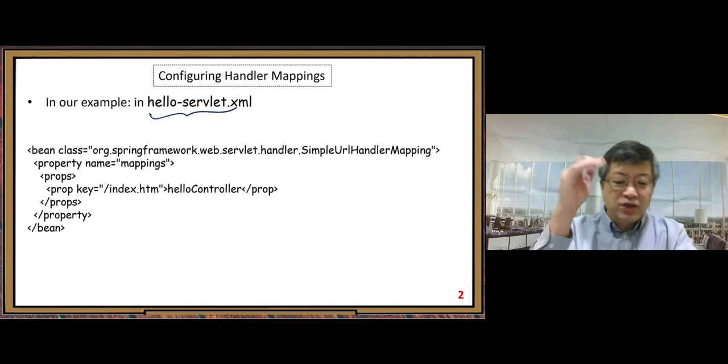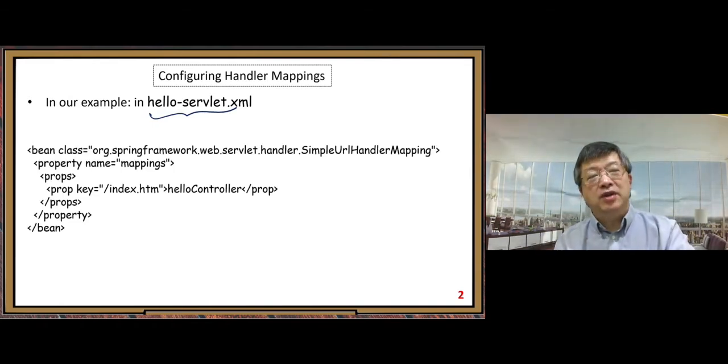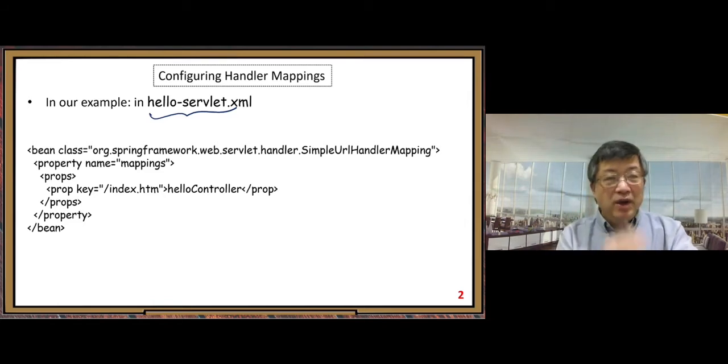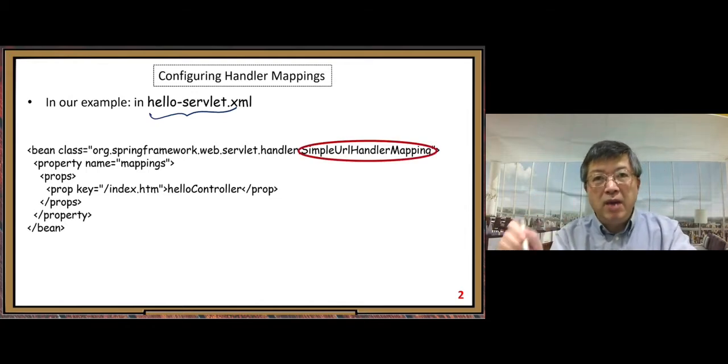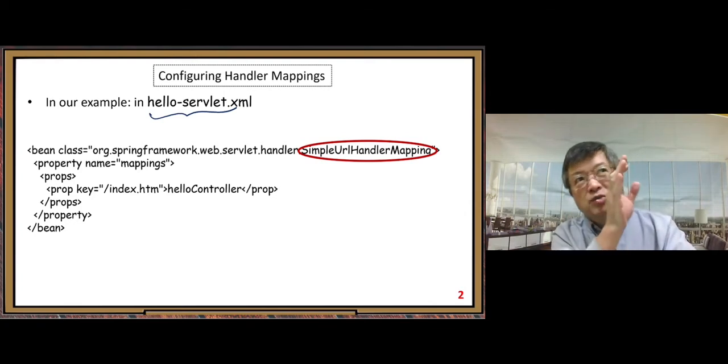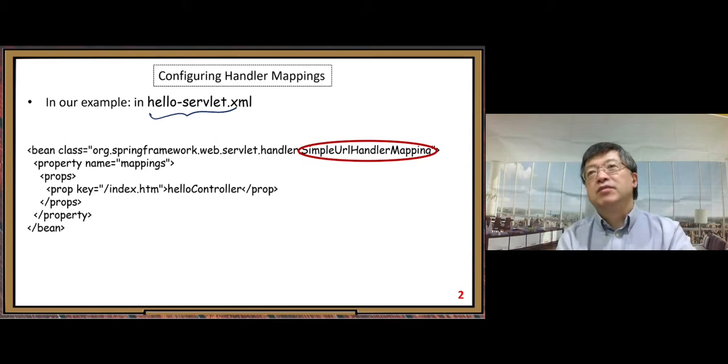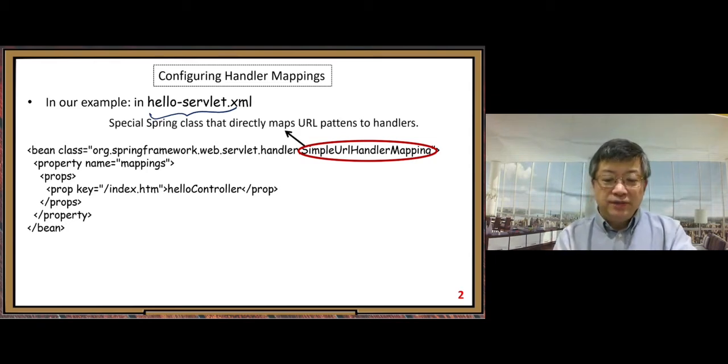We have this bean element, also another bean, another resource. But this one, in order to establish the mapping, we need to use a special Spring class, SimpleUrlHandlerMapping. Spring provides us the special class.